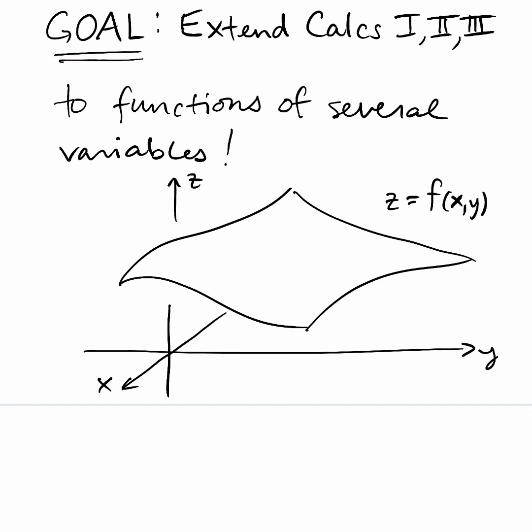The graph is now a two-dimensional surface floating above the two-dimensional xy plane. And each spot, x comma y, flat down here in the xy plane, corresponds to some value on that flying magic carpet.